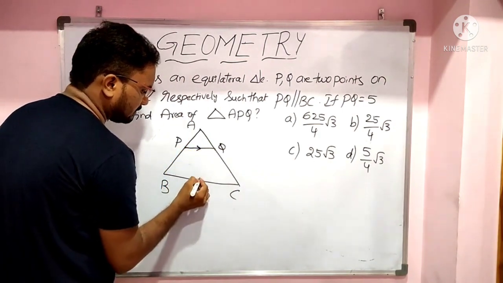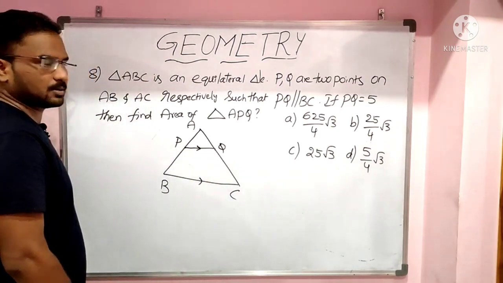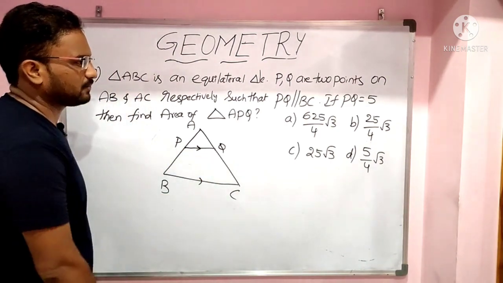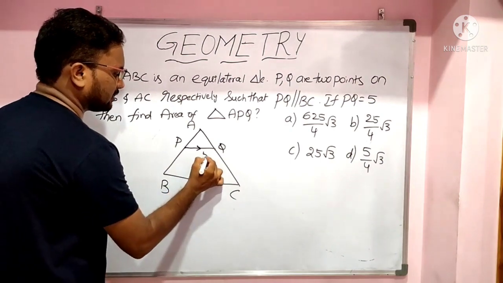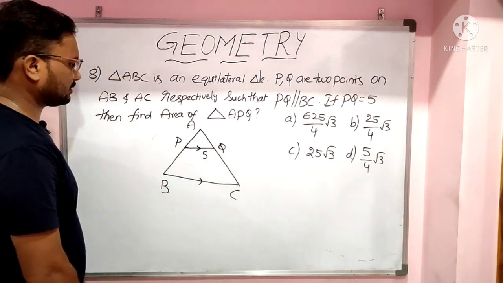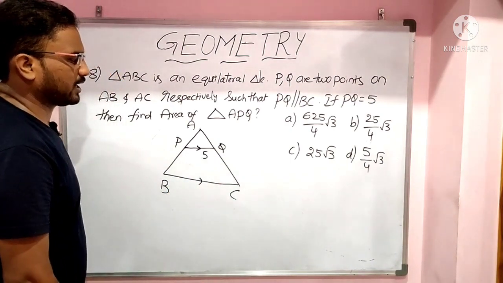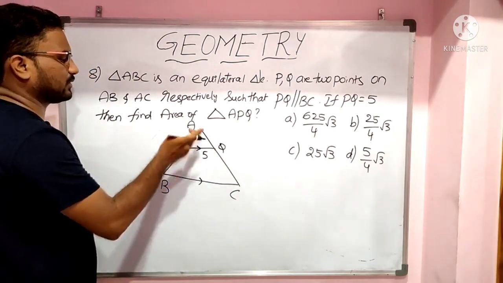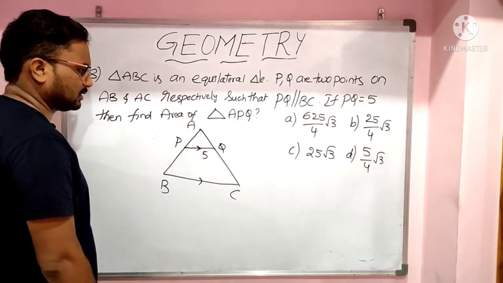These two are parallel. If PQ equals 5, this is 5, find the area of triangle APQ. This area we need to find, triangle APQ.